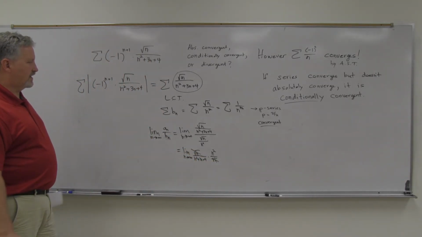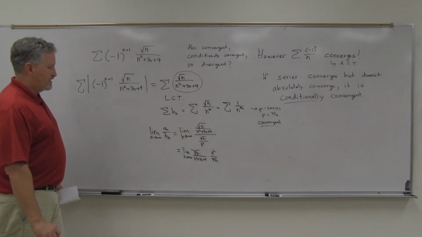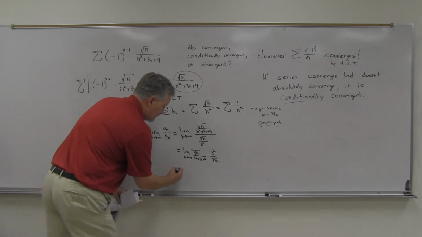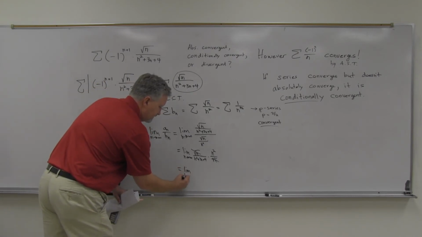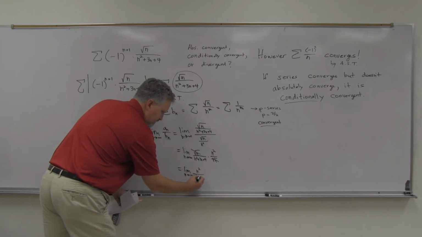It would still work out if you went with that, but it's pretty nice that way. So we've got the limit as n goes to infinity of n squared over n squared plus 3n plus 4.